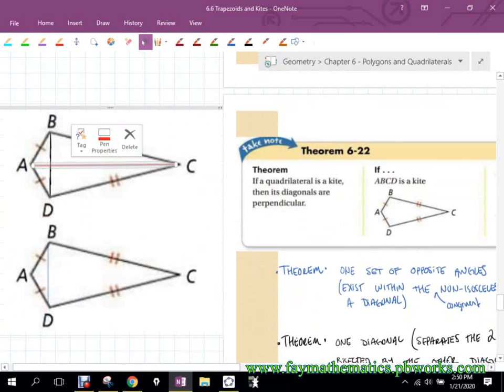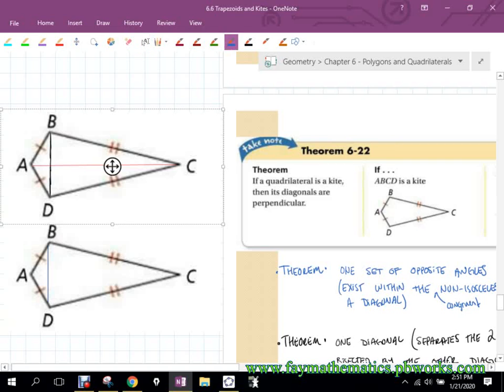And what we're getting at there is that this red diagonal here, would you agree that's the diagonal that is separating the two non-isosceles triangles? The top one is A, B, C, and this bottom one, A, D, C. Or it's the one that is bisecting the other diagonal. However you want to refer to this red diagonal, it is bisecting the opposite angles that are incongruent.